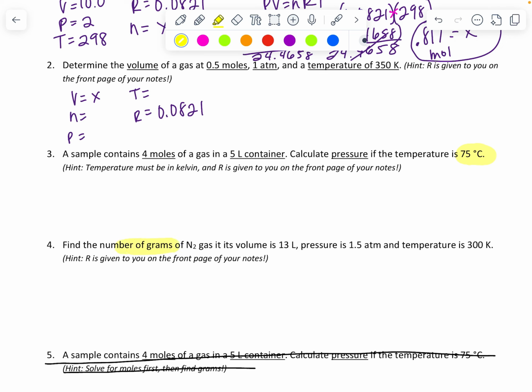There aren't grams in my formula, but it does have moles. So by the time I plug everything in, if I just calculate the moles, we know how to convert moles to grams. That's going to be the orange sheet, using our molar mass.